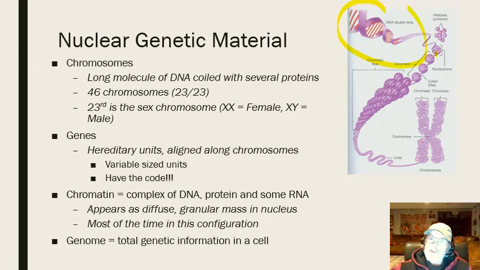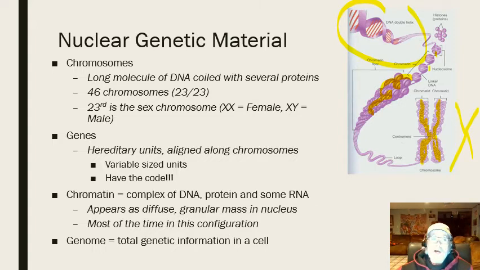These proteins coil it up. It looks like a big X of ramen, all coiled up in there. That's all the DNA, smushed together in this X type of pattern.